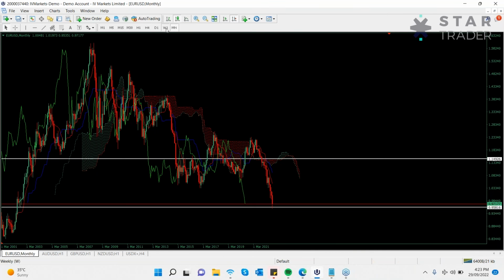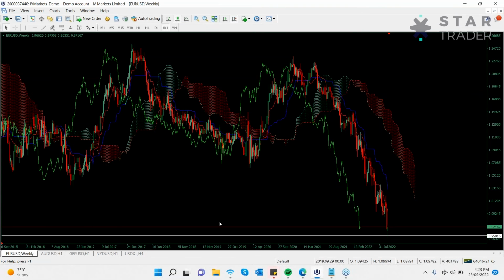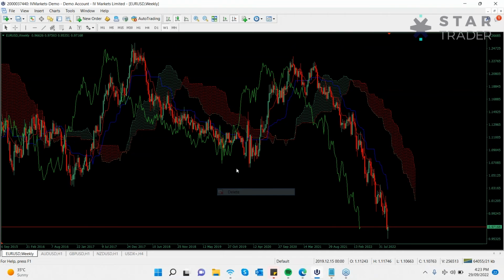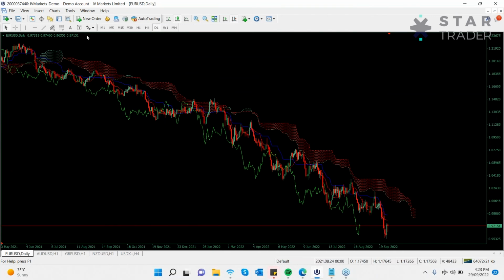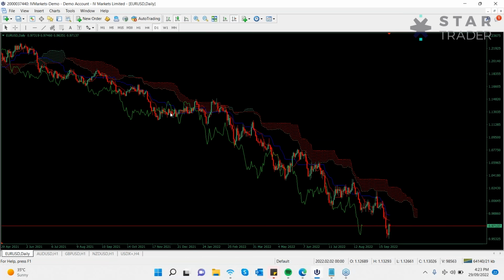To give you the proper understanding of the market, I want to shift to the weekly, or maybe daily is fine. So we are going to shift to the daily time frame. Excuse me for a second. My apologies. So now, as you can see, this is the daily time frame.